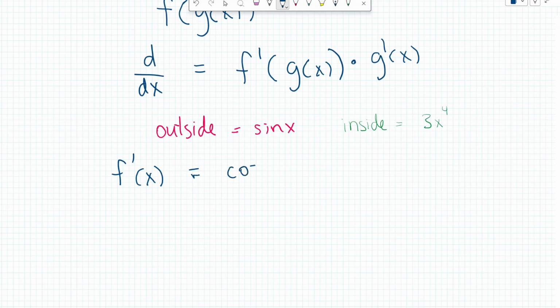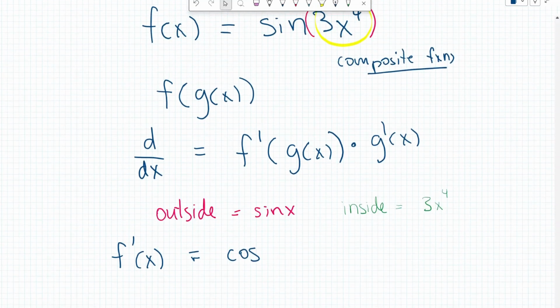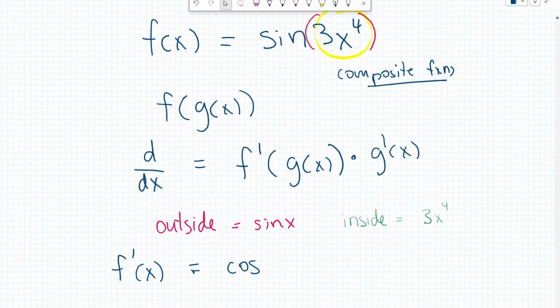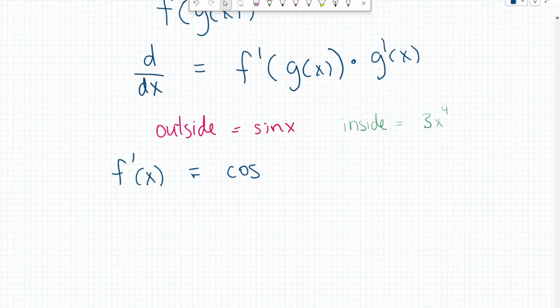So we have cos, and then remember we keep the inside the same. So we've got (3x)^4. So cos of (3x)^4. And then now we have to multiply this by the derivative of our inside function. And the derivative of this using our power rule equals 12x^3.